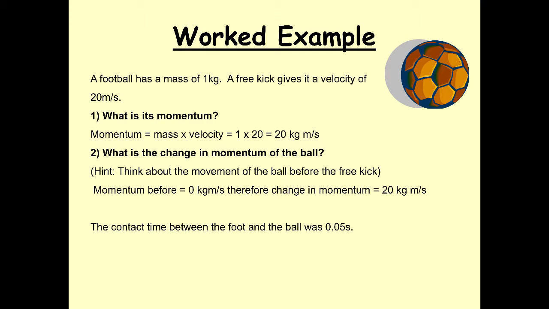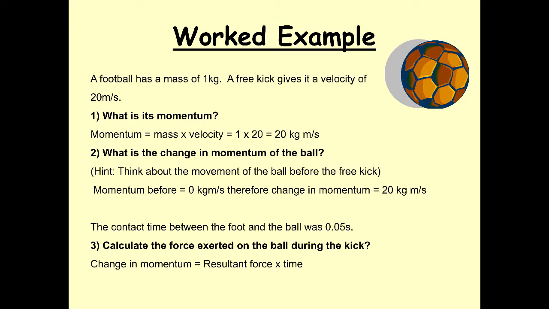Now, suppose the contact time between your foot and the ball was 0.05 seconds. We can now calculate the force exerted on the ball during the kick. Change in momentum equals resultant force times time. We know the change in momentum, that's given here, and we know the time, which is given there.